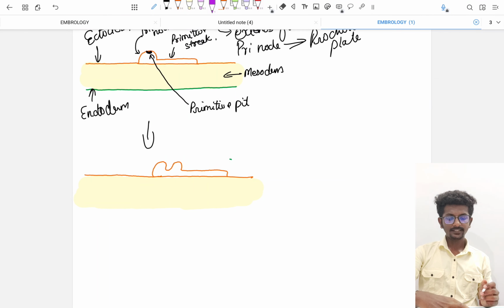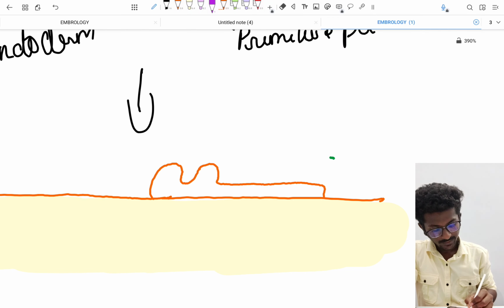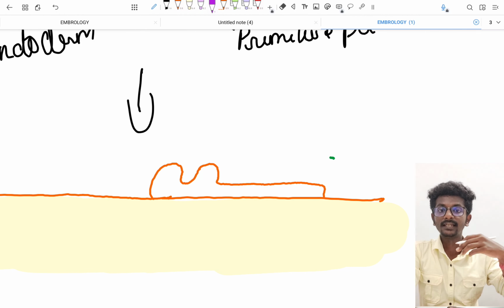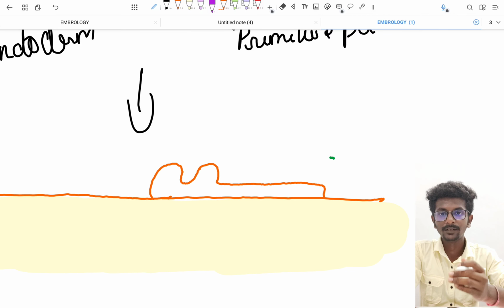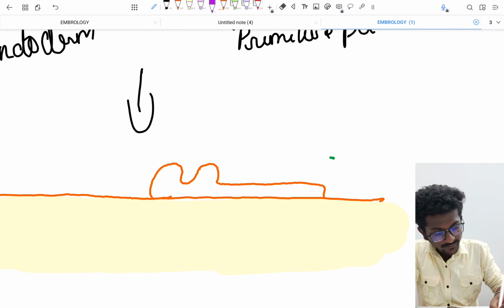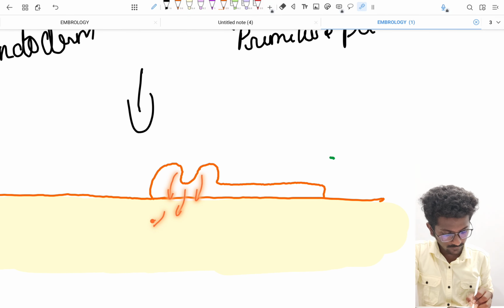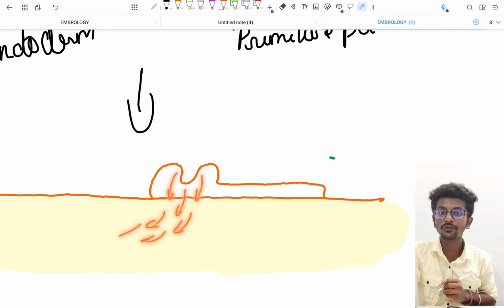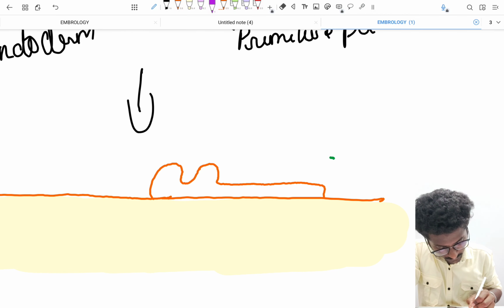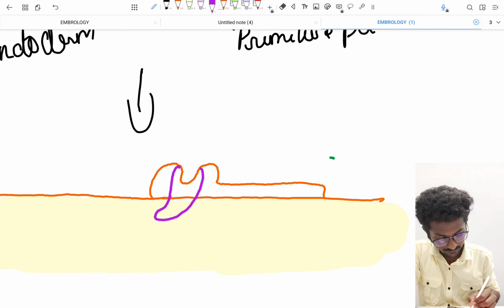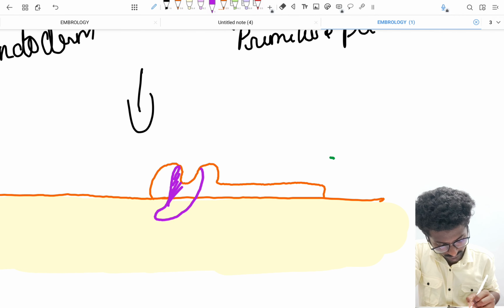Now the next thing that we can see is inside this primitive node, some specialized cells will be formed, and they will migrate beneath this intraembryonic mesoderm. They will form a mass-like structure in this manner.